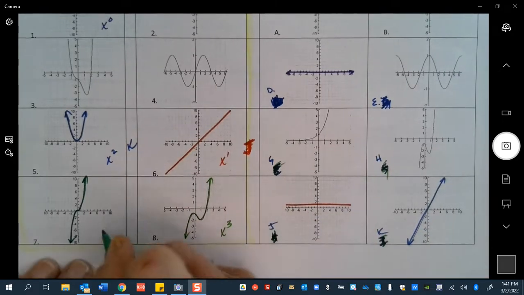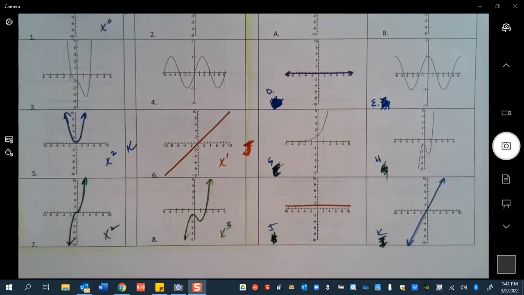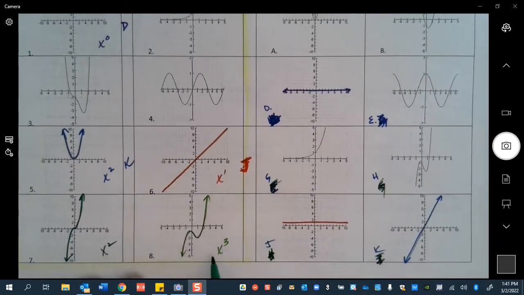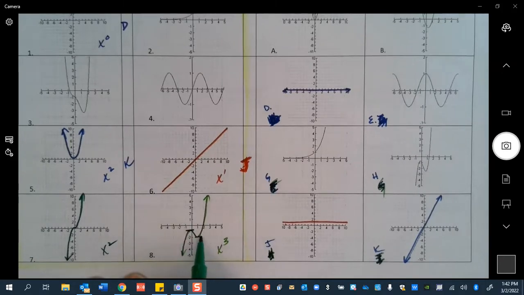So when I go to find the ones that match, I have to pay careful attention to the graphs that are going to give me the information that I need. This cubic graph has a min and a max, a local min and max, where the derivative is equal to 0 at like negative 1/2 and at positive 1.